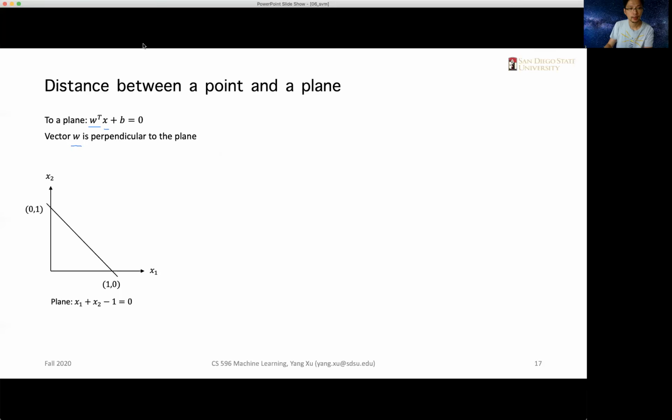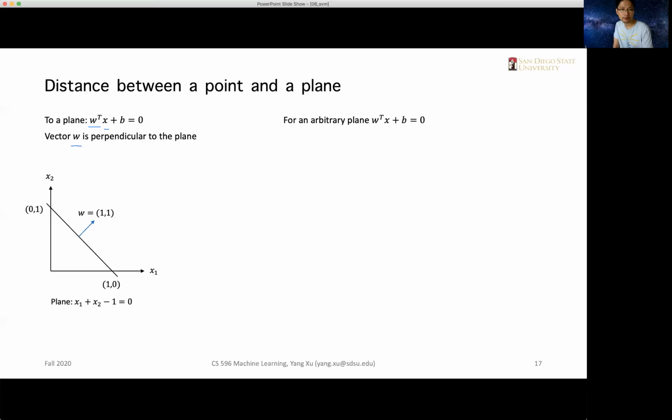Right now in this example, the plane is x1 plus x2 minus 1, so w1 is 1 and w2 is also 1. So we know that the direction of w indicated by the blue arrow is perpendicular to the plane. Okay, so this is something we will utilize in the next step.